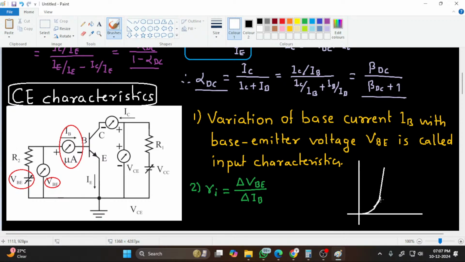The current is in microamperes. This is 100 microampere. This is 50 microampere. 0 microampere. So this is current in microampere. Whereas the voltage, breakdown voltage is generally 0.7. So like that it is there. So these are the input characteristics, and this is the resistance for delta VCE constant.